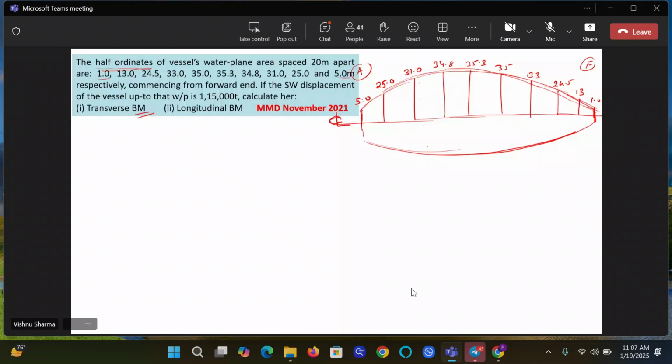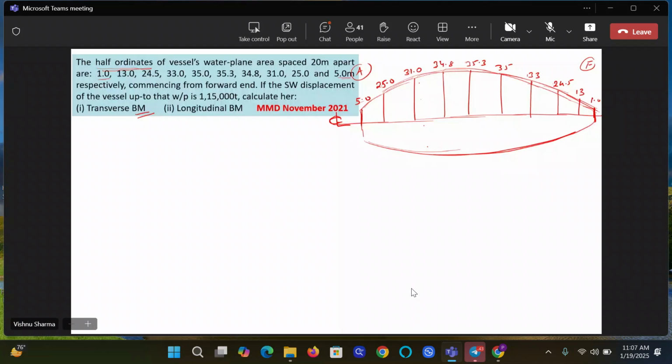Correct. So, when you have to calculate BMT of a curvilinear water plane, even if the full ordinates were given, you will work with semi-ordinates. Why? Because semi-ordinates will terminate at the center line.